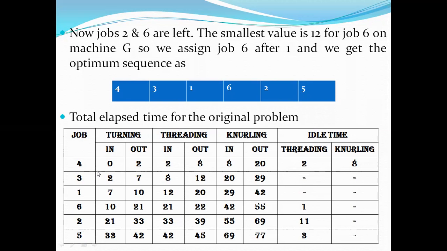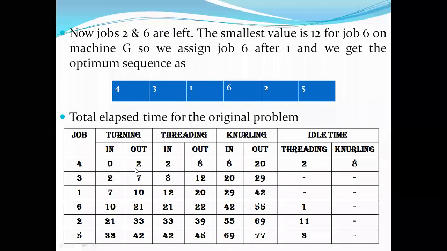We will look further at 0 to 2, the starting of turning, in machinery 1, machinery 2, and machinery 3. I am taking the process names directly: turning, then after turning threading has to be performed, and after threading knurling has to be performed. This is the sequence that I am following.